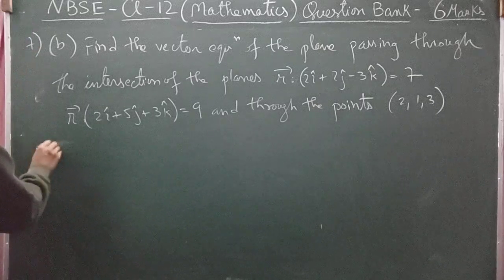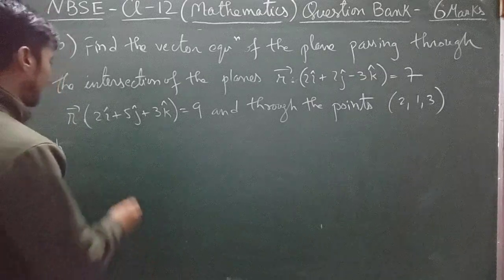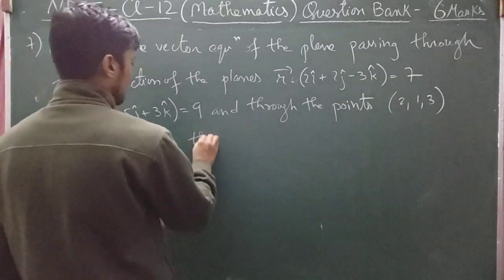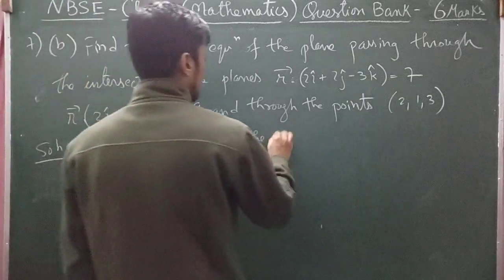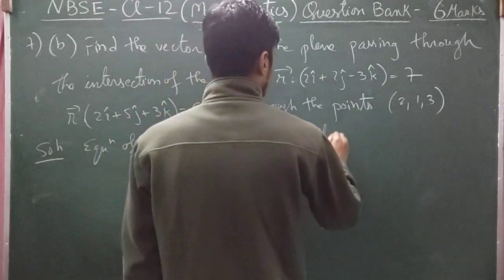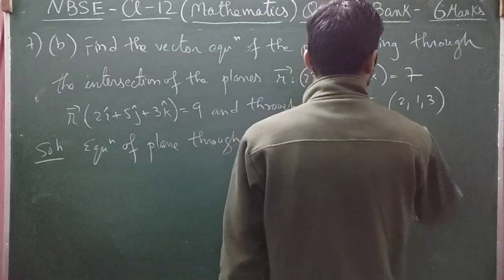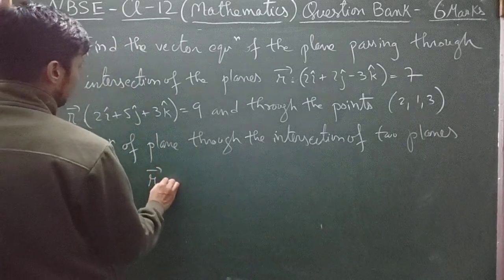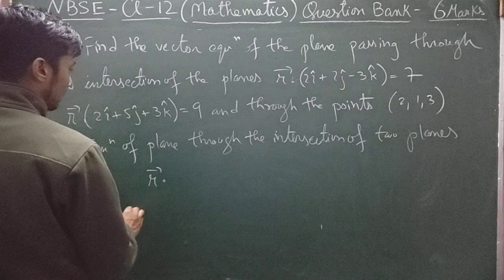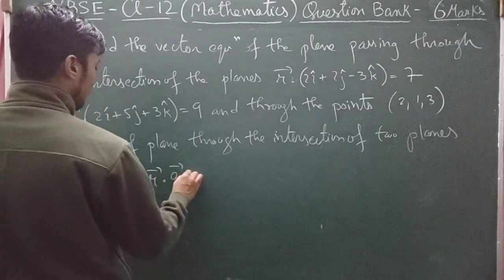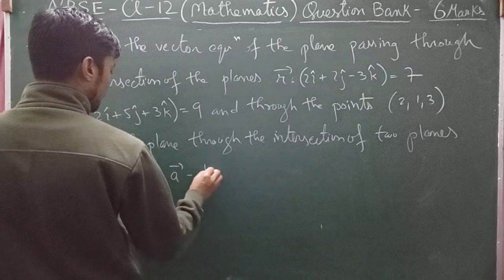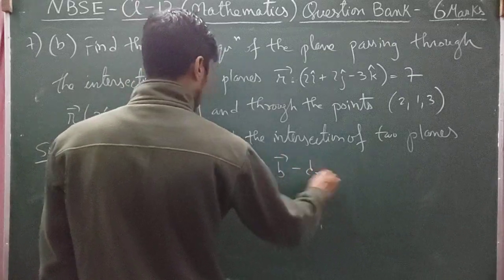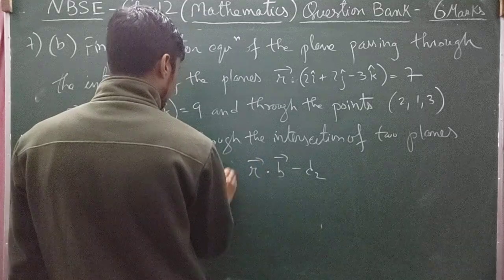So as we know, what was the equation? I'll just write down the equation of a plane through the intersection of two planes r dot A minus d1 equal to 0 and r dot B minus d2 equal to 0.